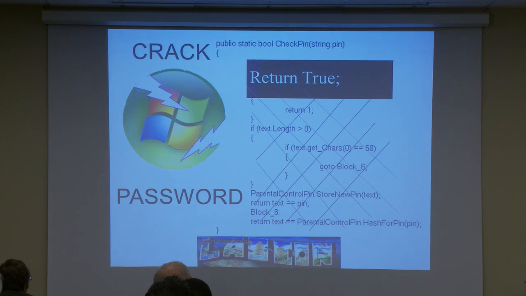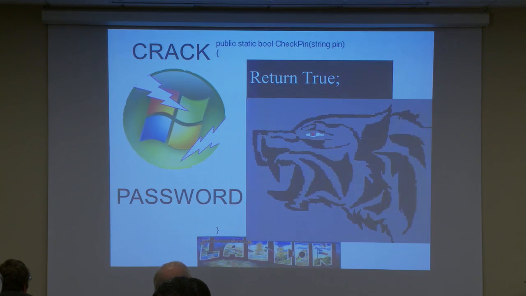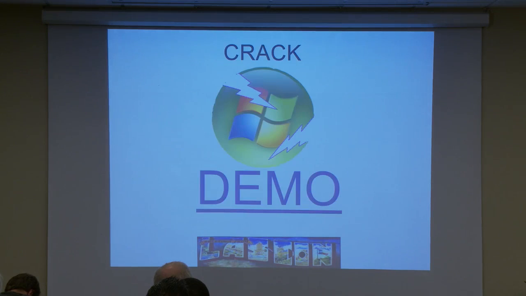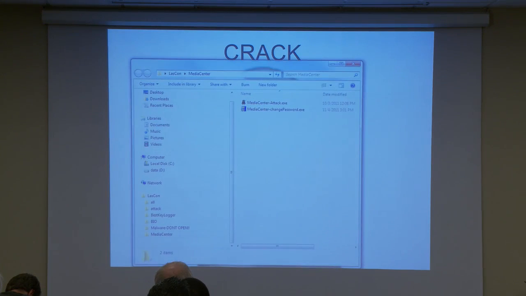So we have a logic in the check pin that we go in and we put a return true, and that's it. Now we're authenticating all passwords. That's nice and easy to understand. But what does it take to actually run from the beginning to the end of this attack? When we talk about a payload that magically attacks them, what are we talking about? So let's take that for a spin.